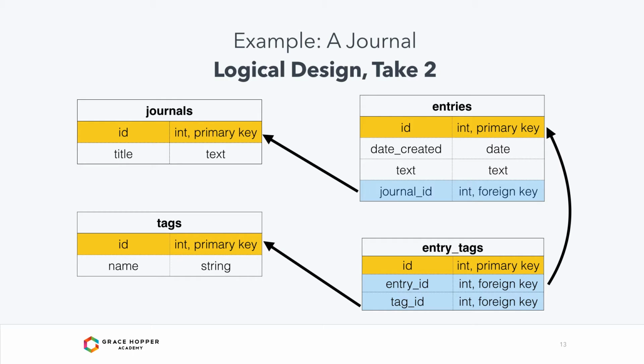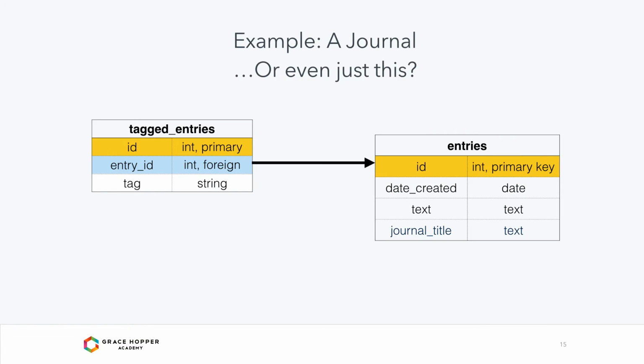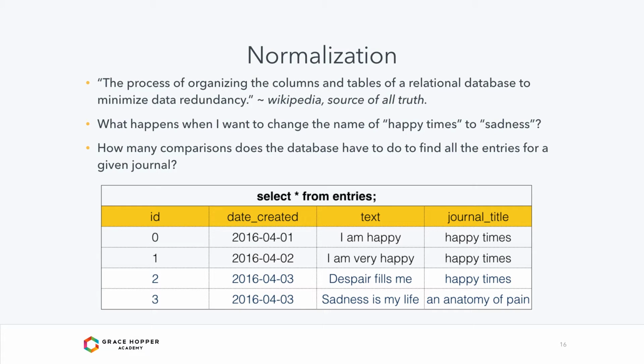The fact is that this entry and this entry were made at this time. And even if these dates were the same, these two fields represent different facts. This says that Happy Times was made on April 3rd, 2016. This says that An Anatomy of Pain was made on that same day.